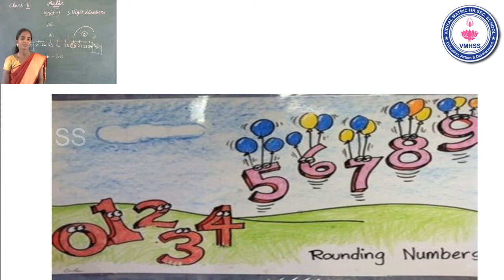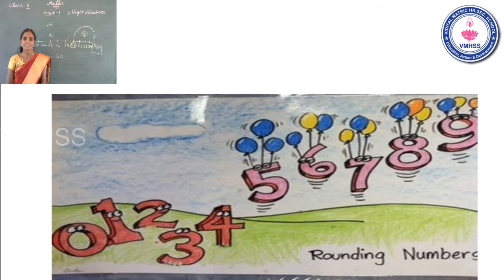The first number 0, next 1, 2, 3, 4, 5, 6, 7, 8, 9. First we take the numbers from 0 to 9. Next we divide them into 2 groups.